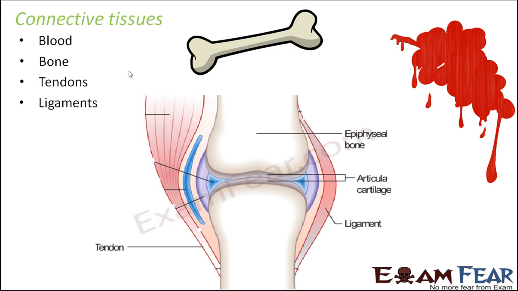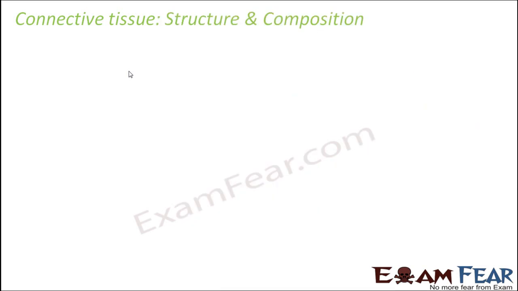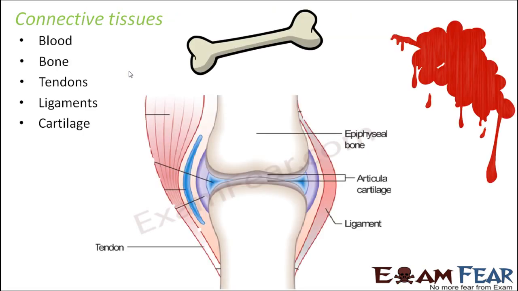We have ligaments. What are ligaments? Again, it is a structure which connects a bone to another bone. So bone to bone connection is done by ligament, and bone to muscle connection is done by tendons. Cartilage. So these are some of the examples of connective tissues.